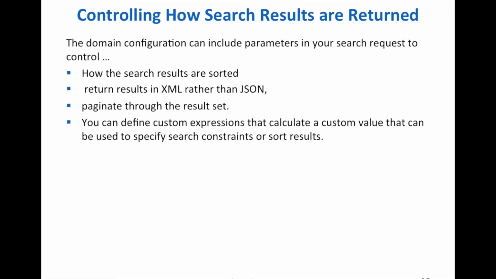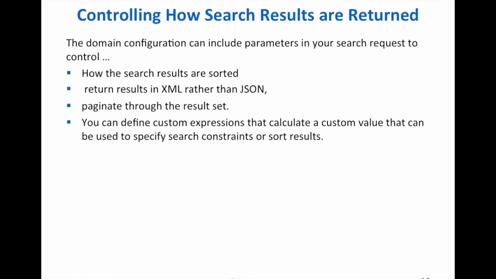You can configure your domain to control how the search results are returned. You can include parameters in the search request to control how the results are sorted. You can give different weights to different results and have results weighted higher shown first.